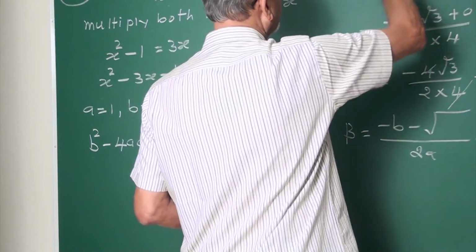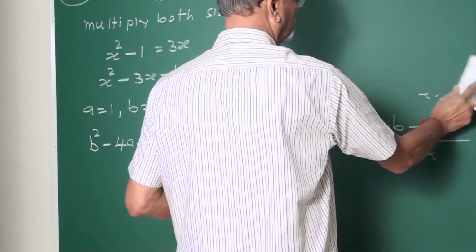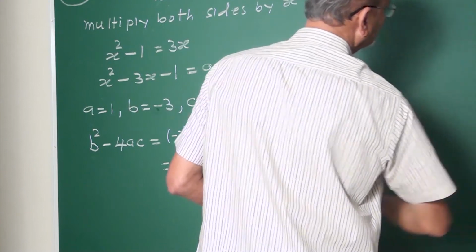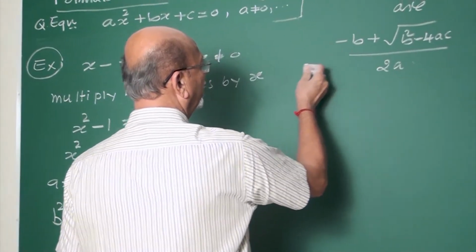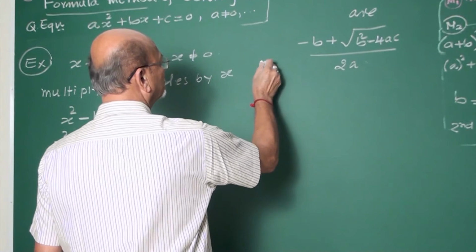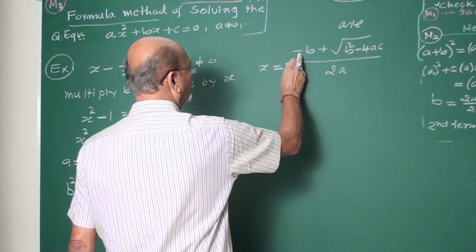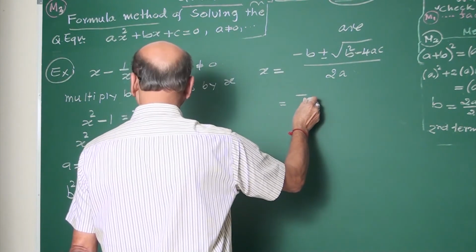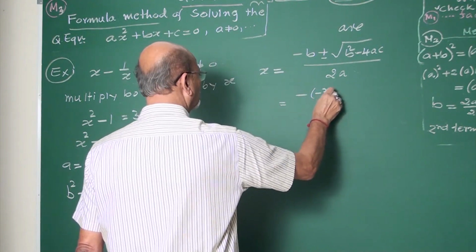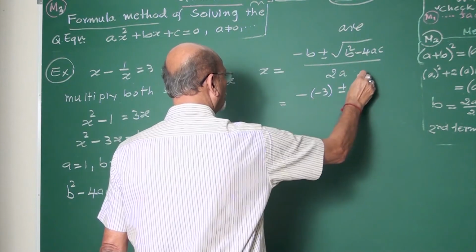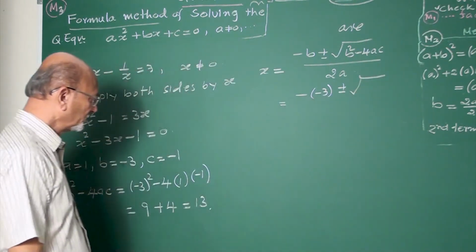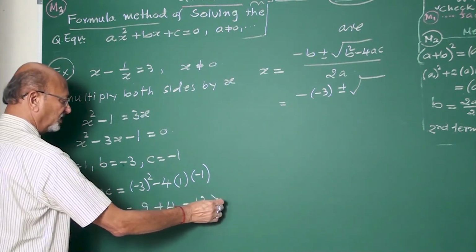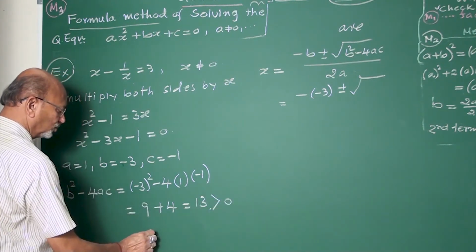Therefore, the roots are, I write directly here, my friend, no alpha, beta. x equal to minus b plus minus this upon 2. What is it? Minus b is minus of minus 3, plus minus square root of b square minus 4ac. b square minus 4ac is 13, which is positive, so the roots are real.